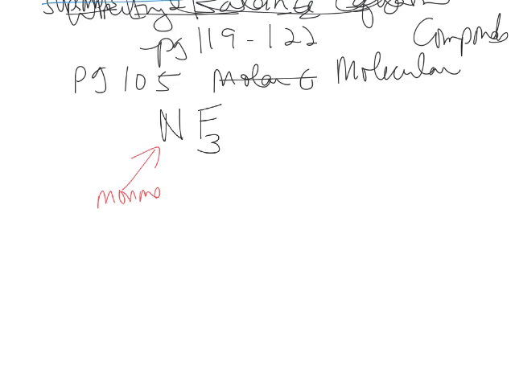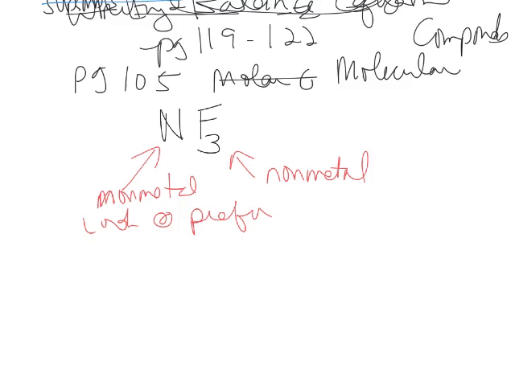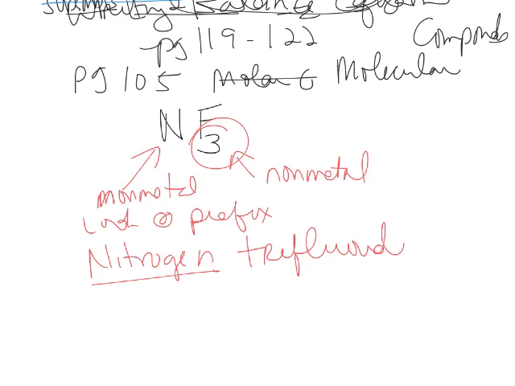So first you classify them as such, and then you look at the prefixes, because you're not going to deal with charges. No charges here. So you would just say nitrogen gets its name, and then because of the 3, it's going to be trifluoride. The tri tells you how many there are because there's no charges. And that, once again, is on page 105.